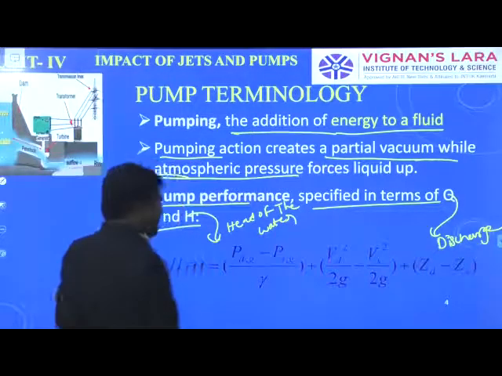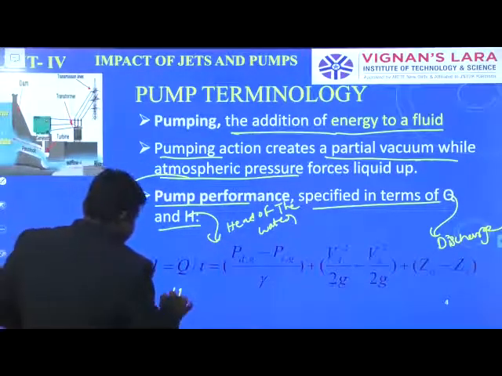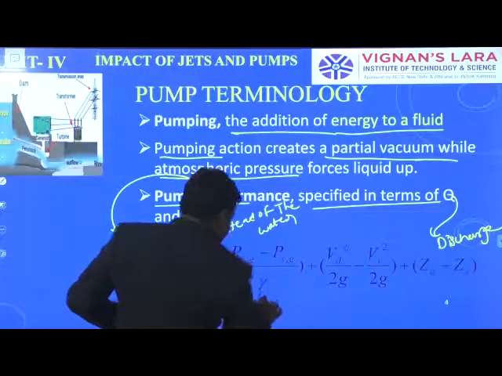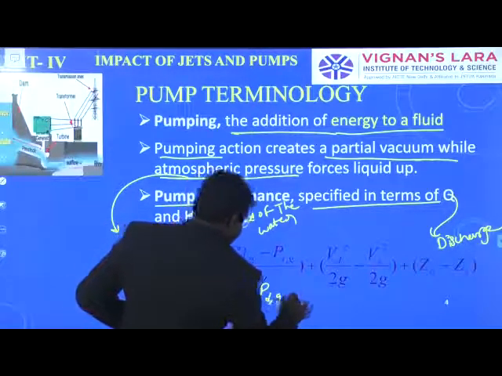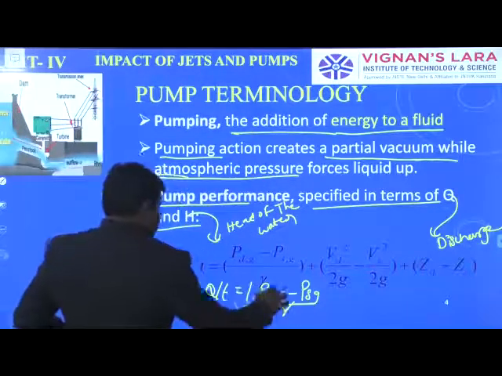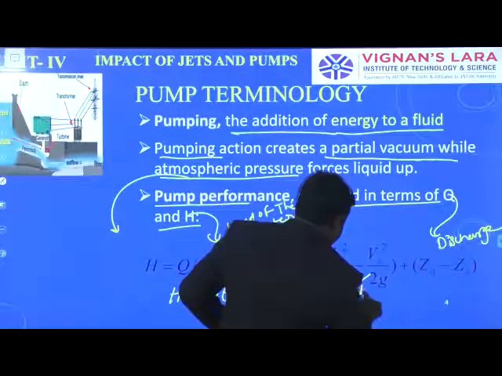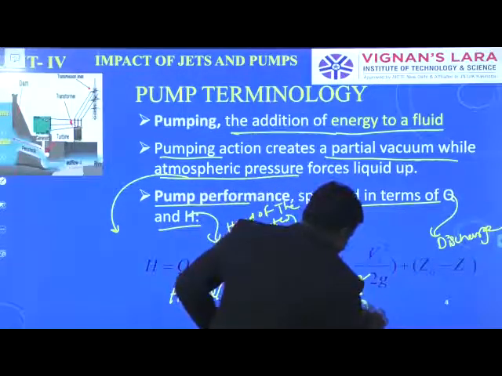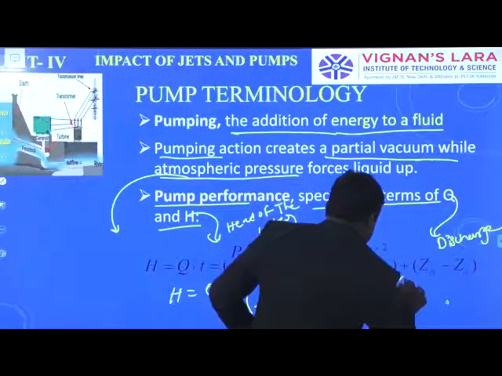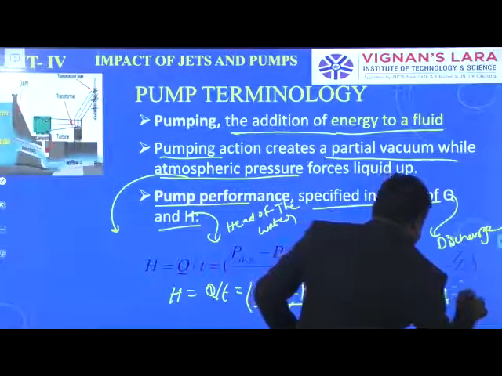So we see the formula for that head of the water or water levels. H equals (P_d gauge minus P_s gauge) by gamma, plus (V_d squared by 2g minus V_s squared by 2g), plus (Z_d minus Z_s).